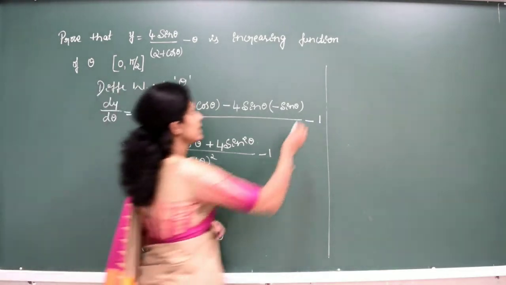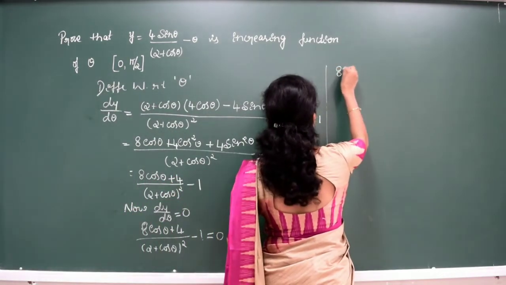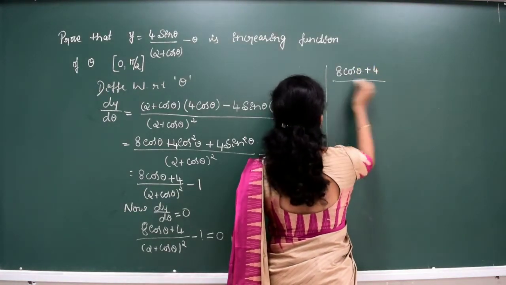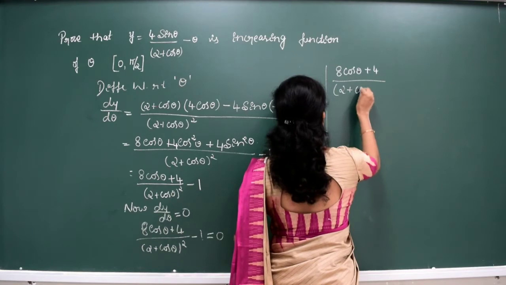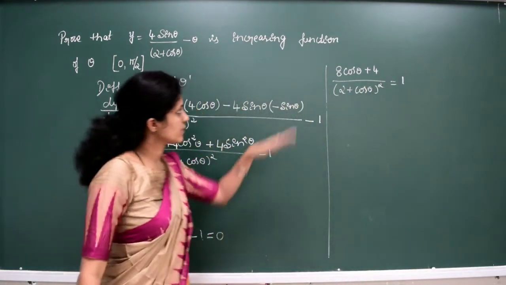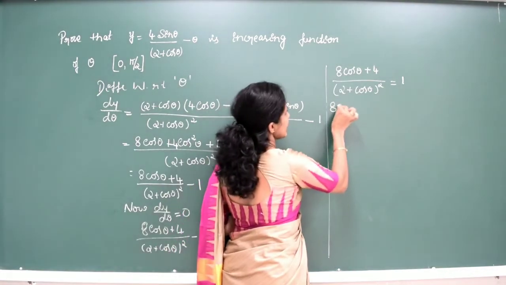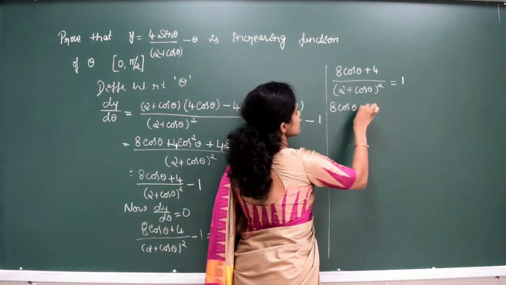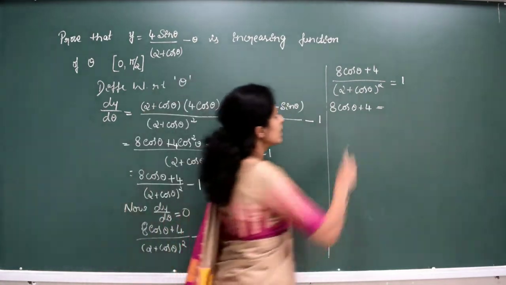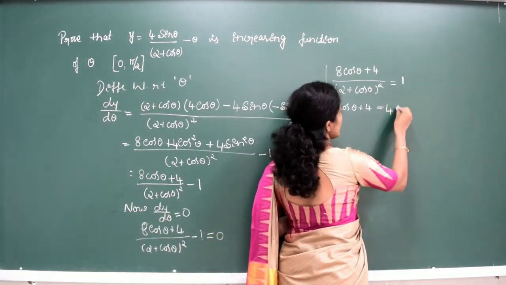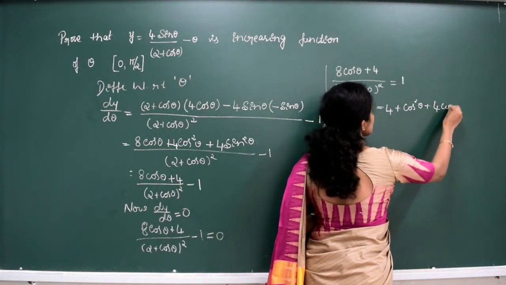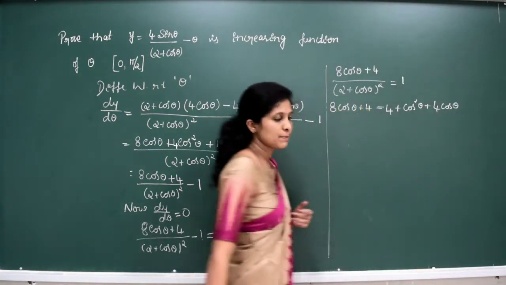By this we can write this as 8 cos theta plus 4 divided by (2 plus cos theta) whole square is equal to 1. So clear? Now we will simplify this. This is now 8 cos theta plus 4 is equal to, here a plus b whole square is there, directly we will write 2 square is 4 plus cos square theta plus 4 cos theta. Is it clear?